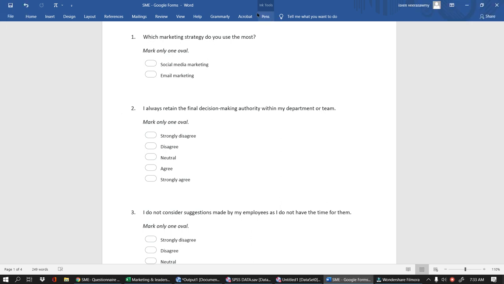For the first variable pertaining to the marketing strategies, let's code the first category as 1, and the second category as 2. One might say that the first category might be coded as 0 and the second might be coded as 5.